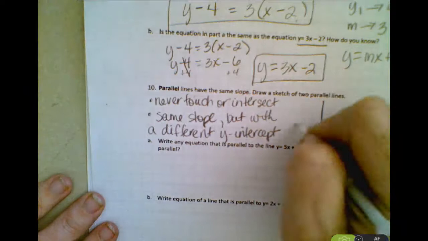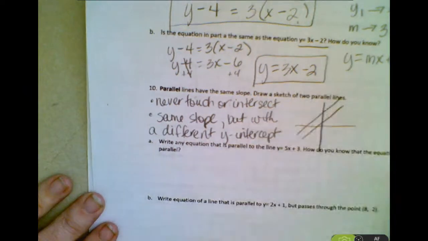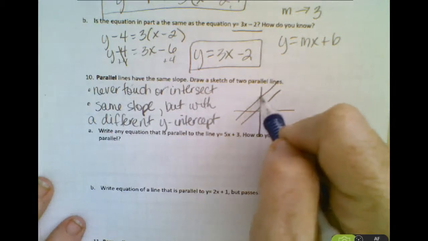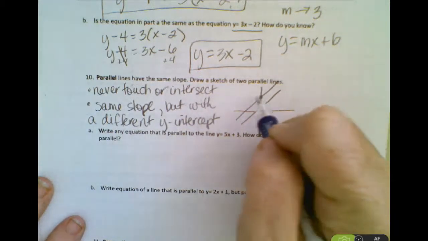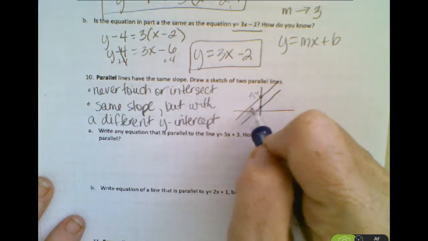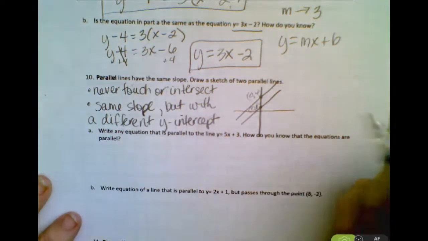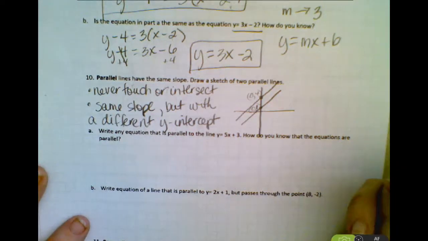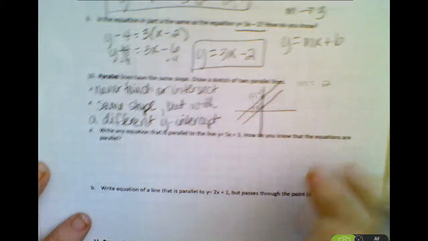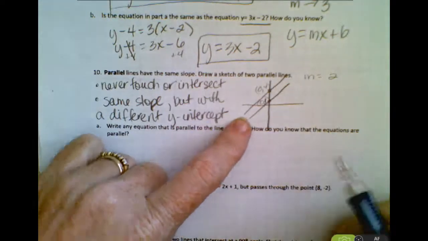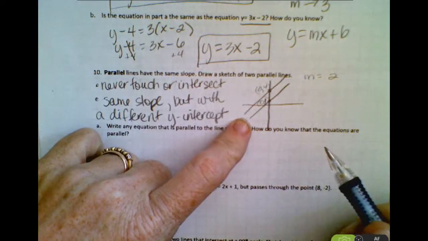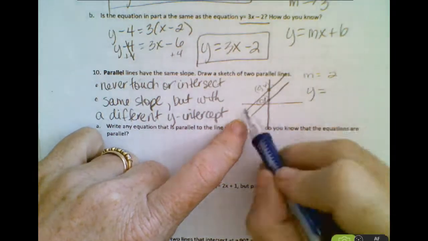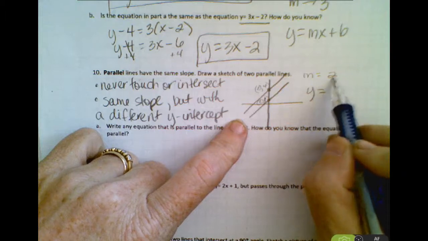So if you drew a picture of that, you would have something like this. Those are the same slope, but say this one has a beginning point of 1, and this one has a beginning point of 4. Let's say that's (0, 4) and (0, 1). And let's say the slope of those lines is 2. Who wants to write me an equation of the top line? Jax, what's the slope of this line right here? 2.